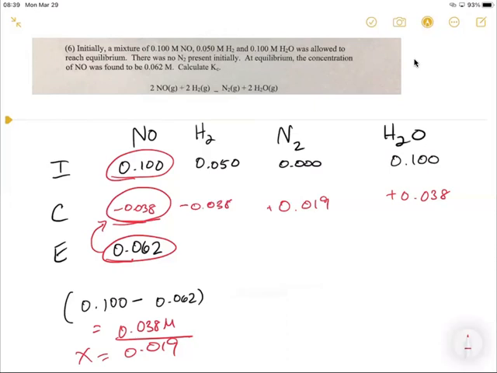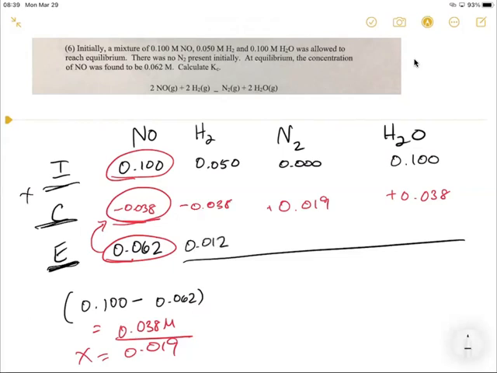Oh, sorry, before I do that, I gotta go back and find my equilibrium concentrations, because I can't calculate my equilibrium constant unless I have my equilibrium concentrations. So again, equilibrium concentrations, or E, is represented by I plus C. So 0.05 minus 0.038 is equal to 0.012.